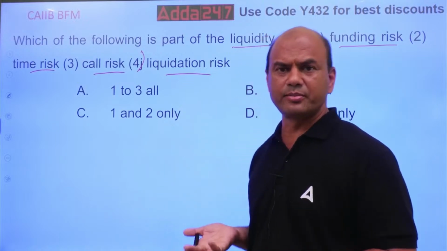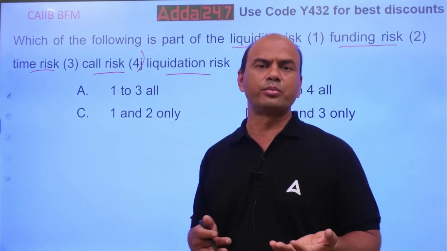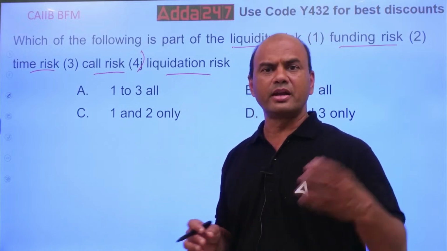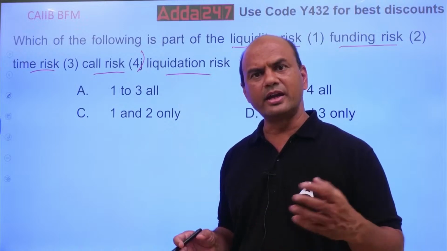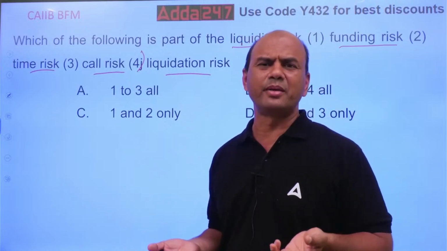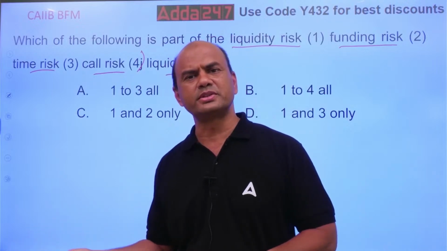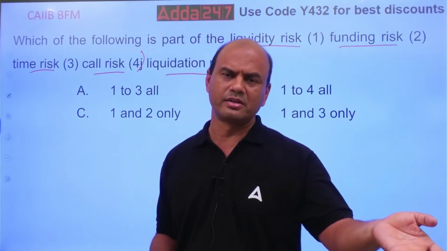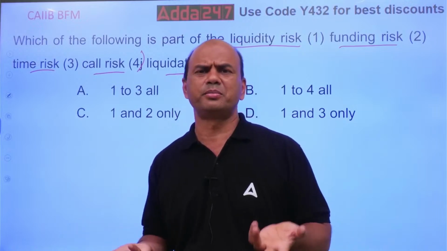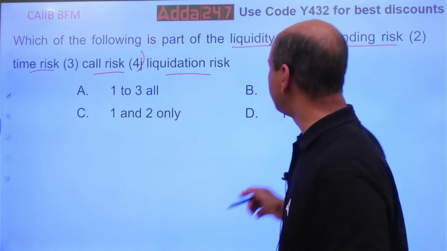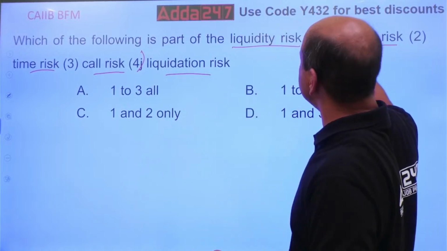Let's say I have to pay the depositor at 7% and I am getting the funds from somebody at let's say 15%. What's the use? I am taking it at 15% and closing this depositor of 7%. So I am creating a new depositor of 15%. It is not a business, isn't it? Got this? So that's why funding risk, yes.